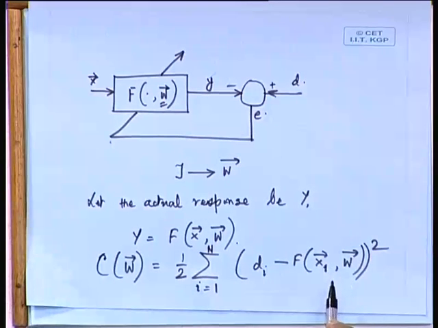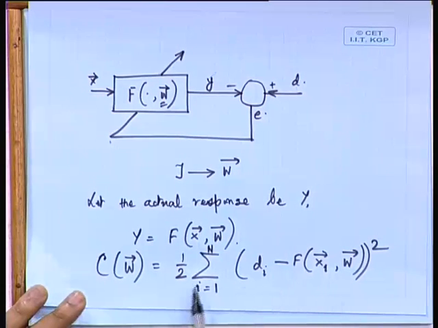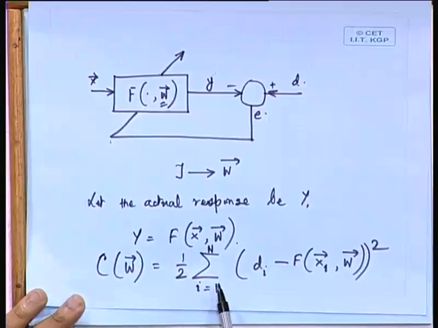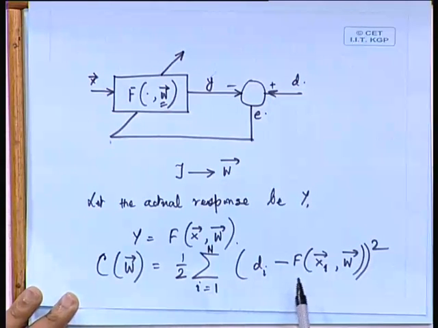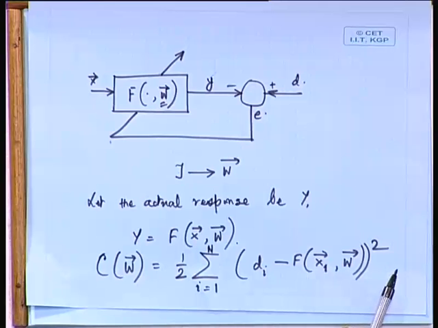Now, mind you, what we are doing is adding up all these things. We can add up and then divide by n. With some normalizing factor n, this will represent the average squared error over the training samples, isn't it?